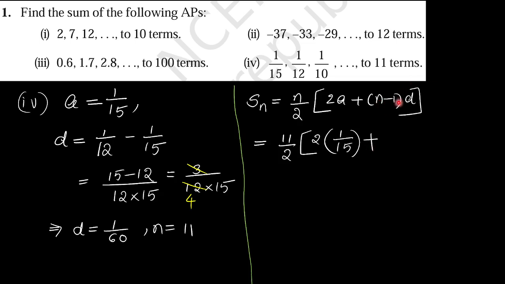N minus 1 will be 11 minus 1, 11 minus 1 is 10. Common difference 1 by 60. And I don't want to spend more time on this calculation part.